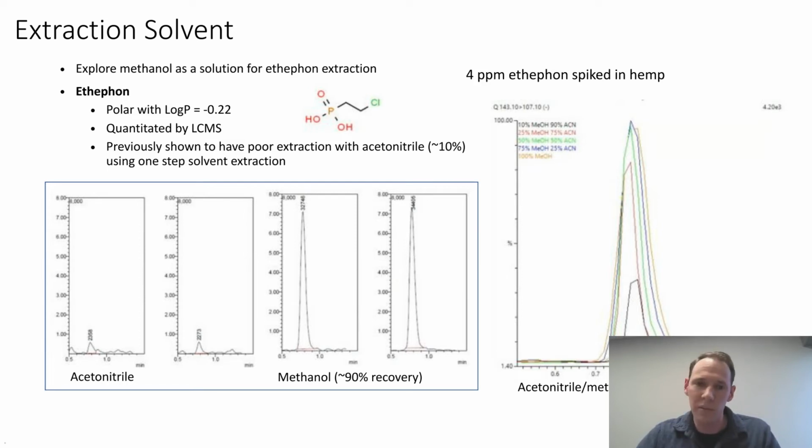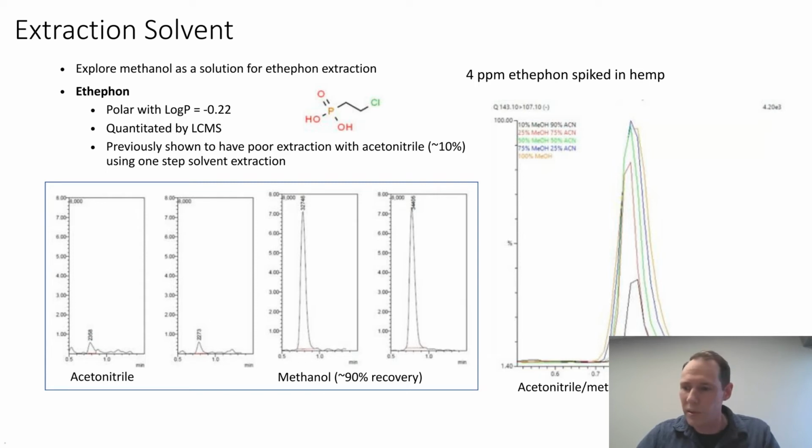What I found was that methanol does work a lot better for extracting ethephon from hemp compared to acetonitrile. The percent recovery that I measured for acetonitrile was around 10%, but with methanol it was around 90% for ethephon being extracted from hemp.